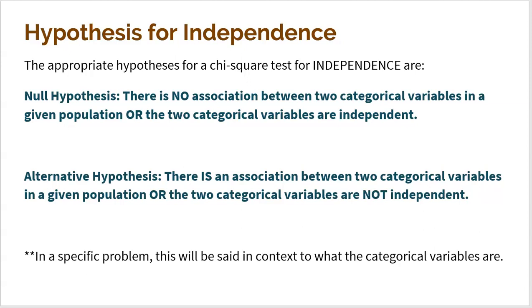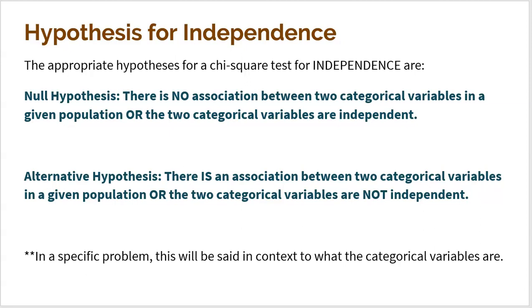And remember what I mentioned earlier: maybe for blue eyes, you see 20% across the board, 20% blue eyes for boys, 20% for girls, but all of a sudden brown is majorly different. Maybe like 30% of boys have brown eyes, but only 2% of girls have brown eyes. The point I'm trying to make is that if one category is way off, then you might go with the alternative. So you don't have to be specific in the alternative or the null about one category in itself.